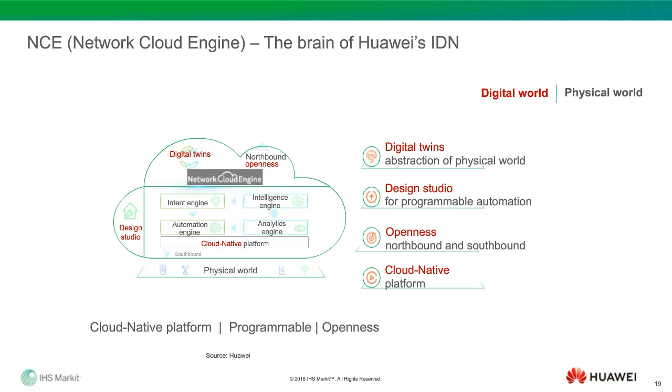And once you have the automation engine applied, it can really touch your physical device and make it happen. But once it happens, is this really valid, right? They have to verify it. So they pull data from the real-time network and then use intelligence, AI or machine learning analysis. So the 4 key engines compose this NCE, okay?